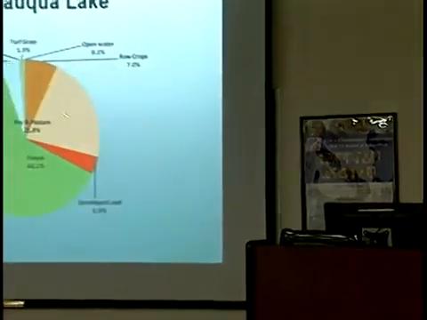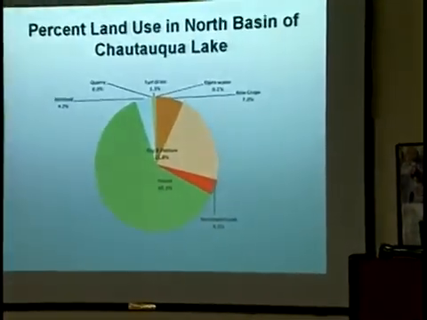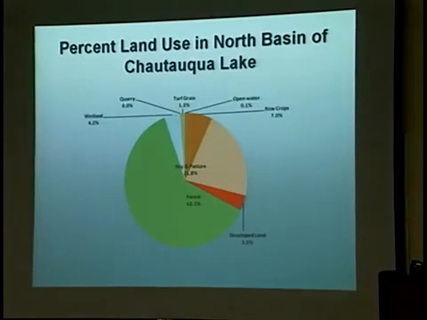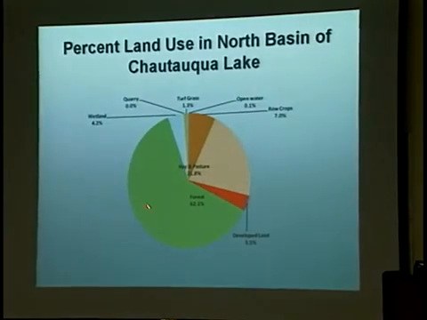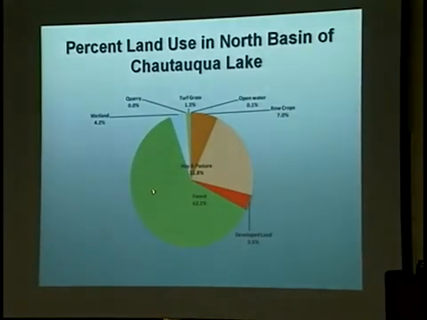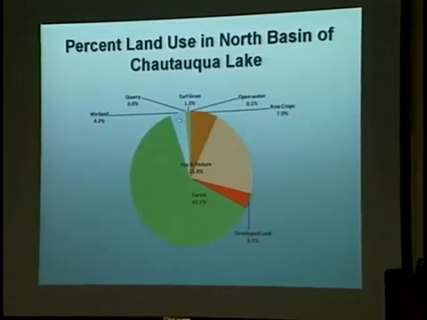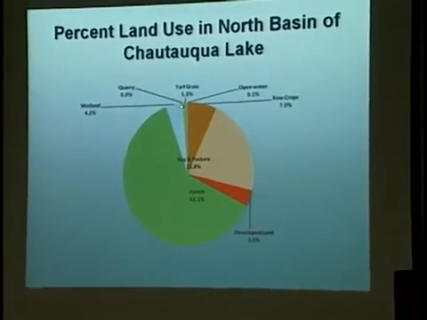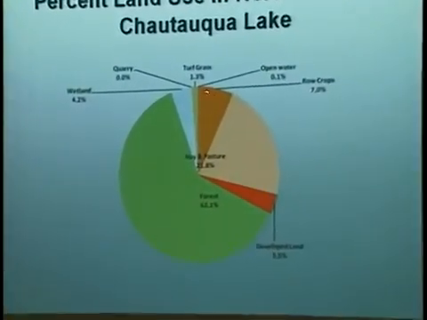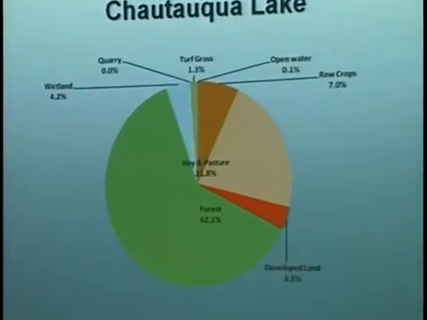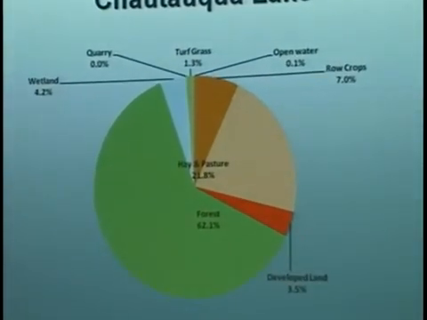Some of these lines have moved, transferring from document to PowerPoint, but this big section here is hay and pasture. This whole area is forest. This is the percent land use in the North Basin. Very small section of wetland, quarrying, turf grass, open water, row crops, and developed land.